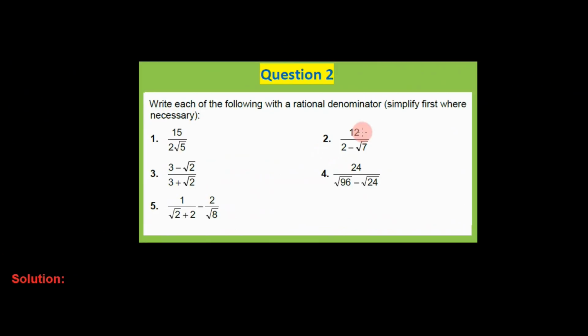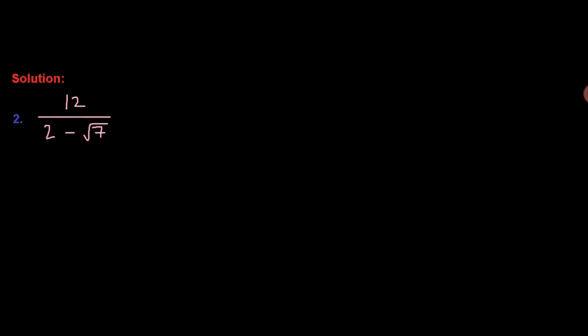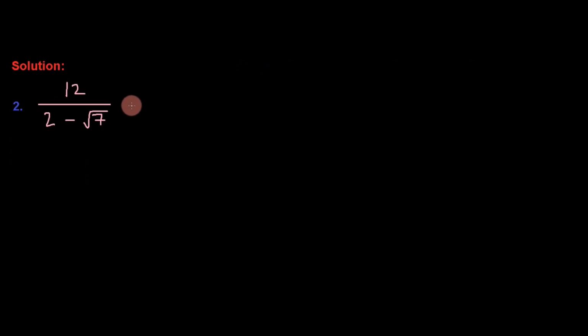In number 2, we have 12 divided by 2 minus root 7, and we want to rationalize the denominator. So we multiply both the numerator and the denominator by 2 plus root 7. So 2 plus root 7.